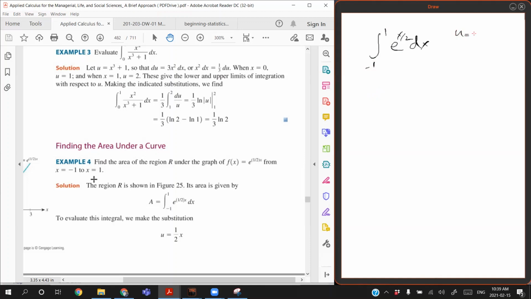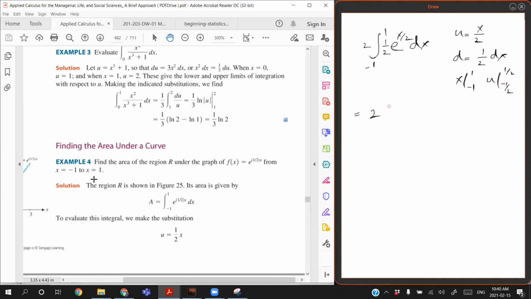We take u to be x over 2, then du is going to be 1 over 2 dx. I can multiply it by a 1 over 2 inside and by 2 outside. Also, I noticed that when x changes from -1 to 1, u would change from -1 over 2 to 1 over 2.